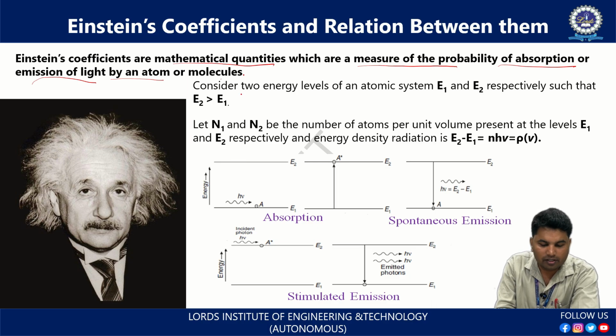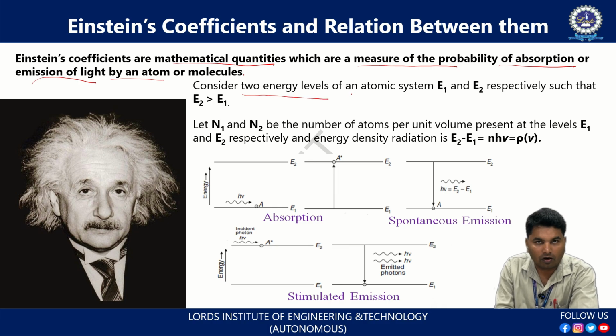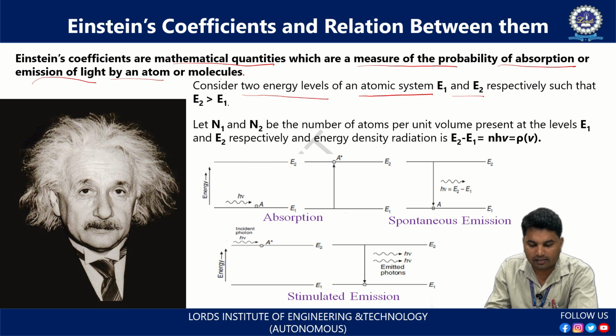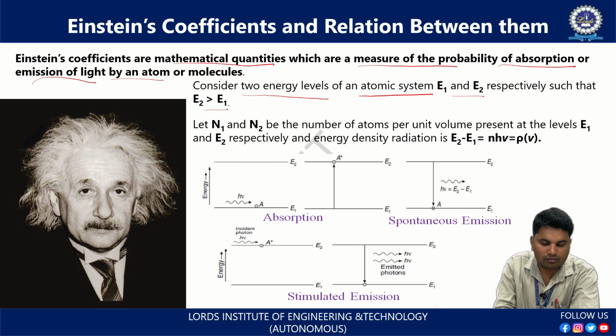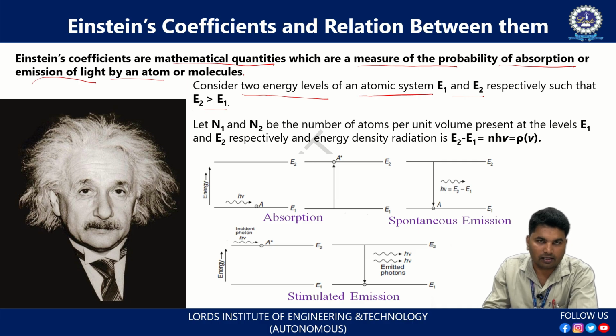So consider two energy levels of an atomic energy system, E1 and E2 respectively, such that E2 is greater than E1. So here we are giving a reference as two energy states, one as ground state and energy state 2 as excited state.